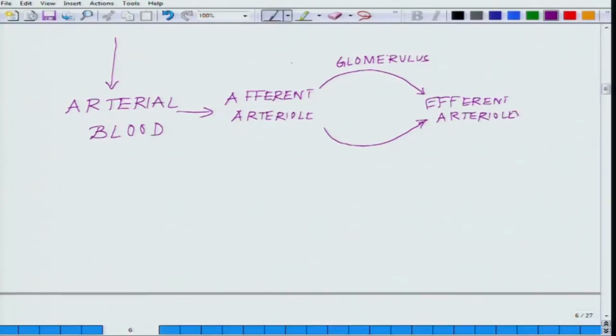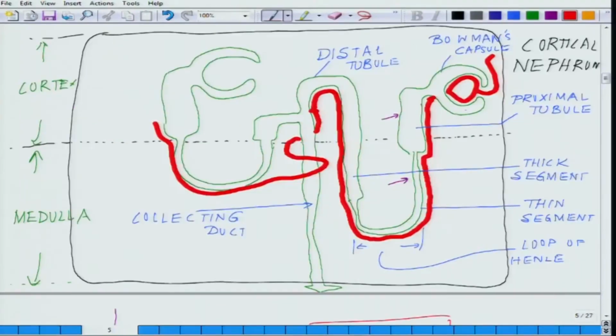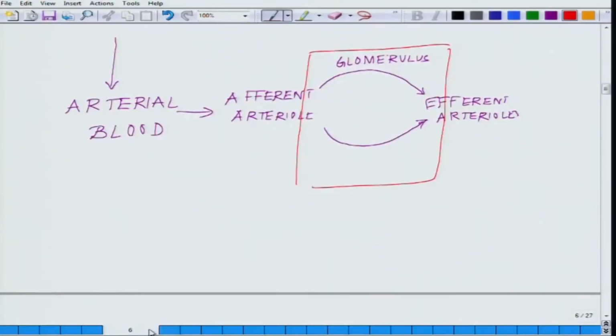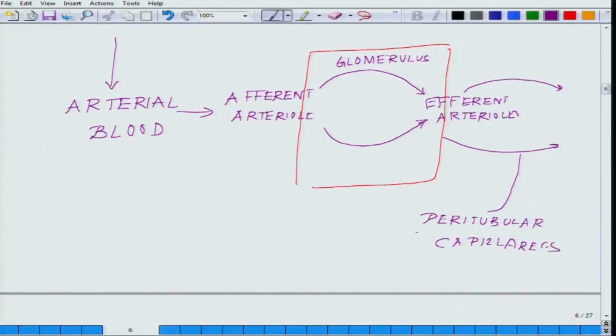This is the zone inside the Bowman capsule where the exchange is taking place, and from here it moves on to the peritubular capillaries, and from there to the venous blood.